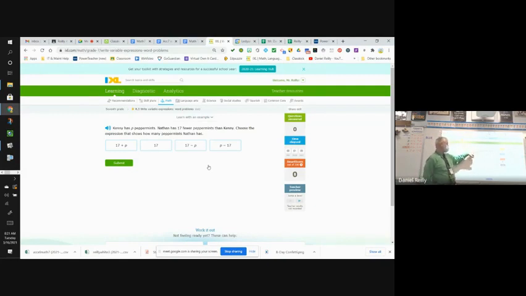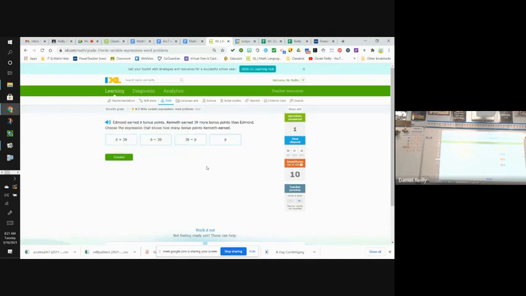So Kenny has P and Nathan has 17 fewer. 17 fewer means to take away 17. So the answer is this one. This would be Kenny's peppermints minus 17. That's how many Nathan is going to have.